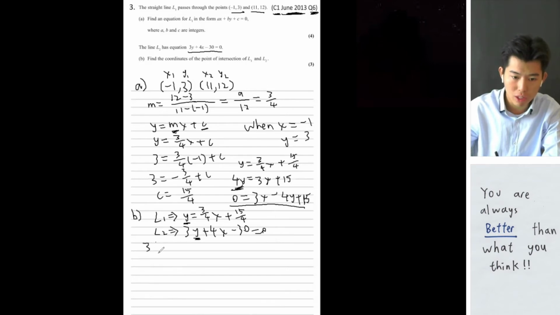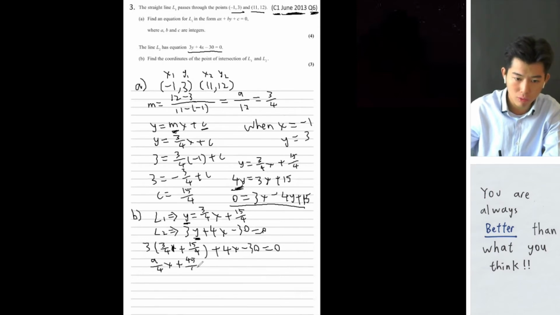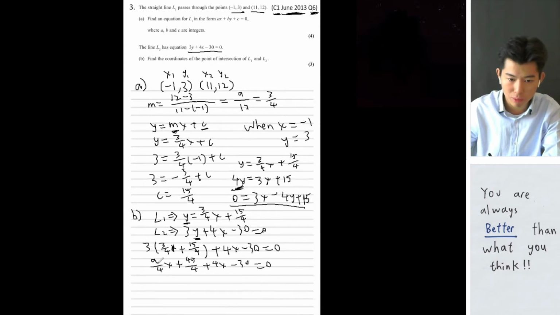So it would be 3 times (3 over 4 x plus 15 over 4), plus 4x minus 30 equals 0. From there, 3 times 3 would be 9, so 9 over 4 x plus 3 times 15, which is 45 over 4, plus 4x minus 30 equals 0. Next, 9 over 4 plus 4 would be 25 over 4 x, and 45 over 4 minus 30 would be minus 75 over 4, equals 0.